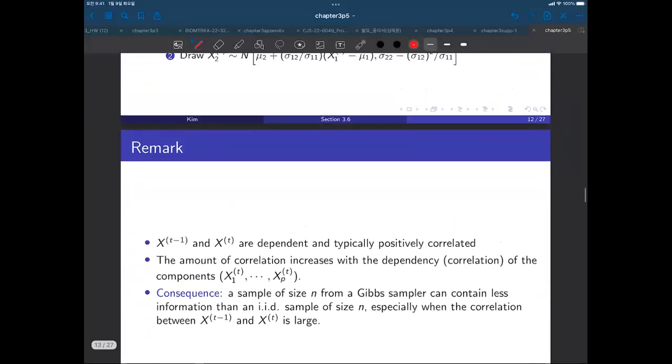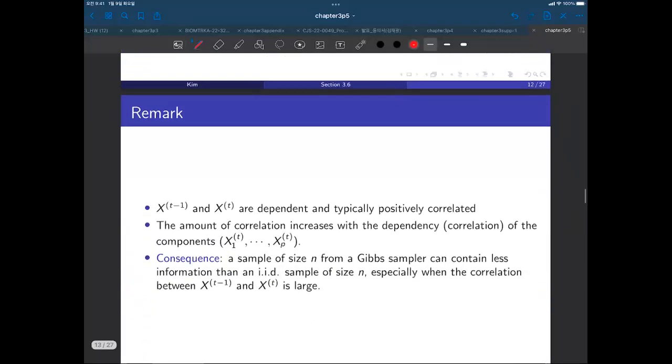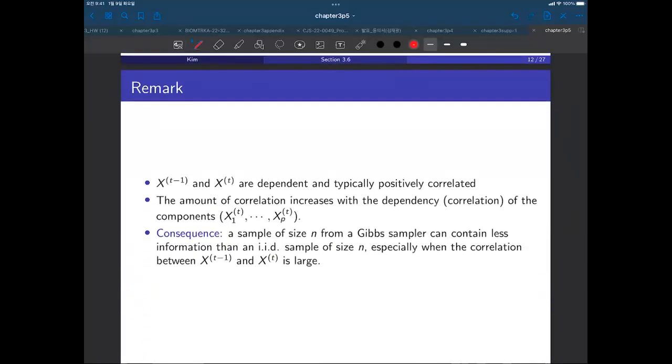Okay. So notice that in the Gibbs sampling, the samples are dependent, right? So correlated, usually positively correlated. The amount of correlation increases with the dependency of the components.